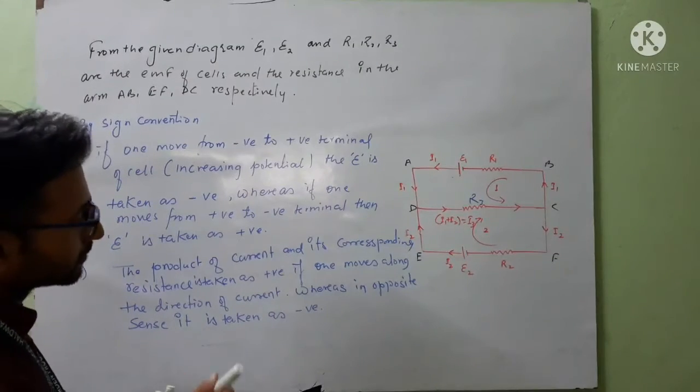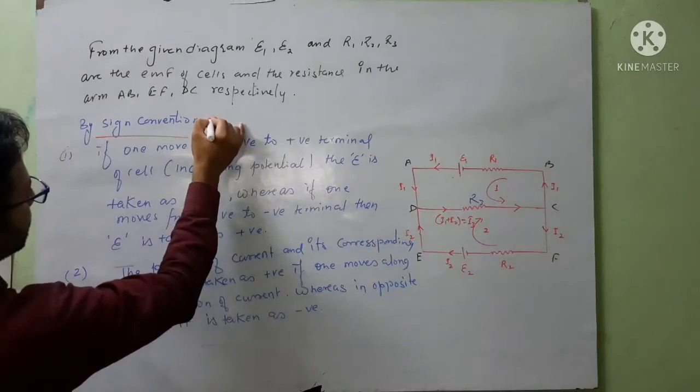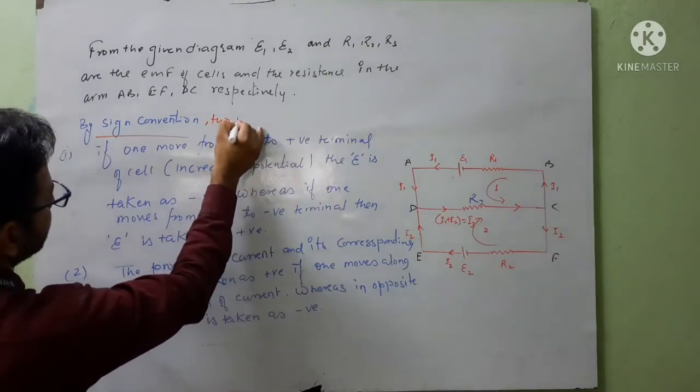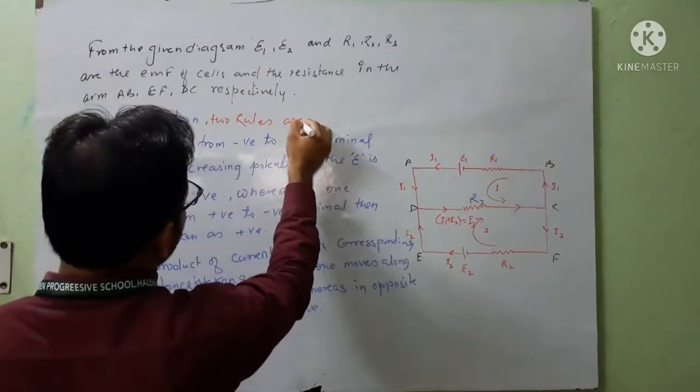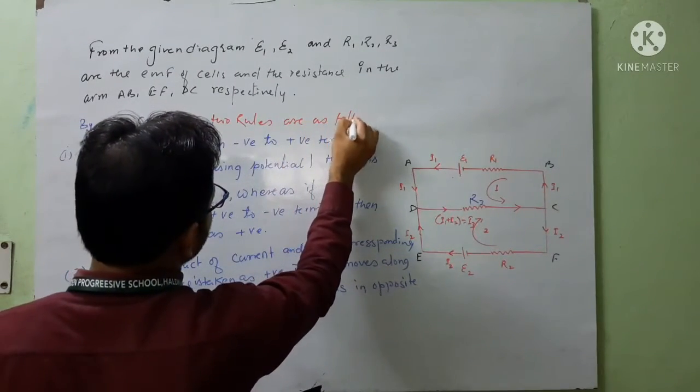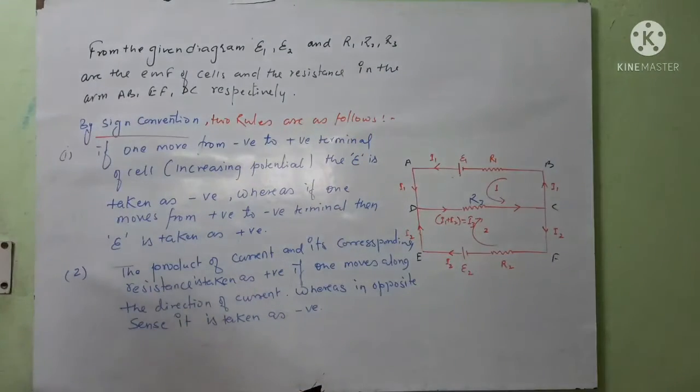So these are the two key points, the two rules by sign convention, which we will obey in Kirchhoff's second law. Got it?